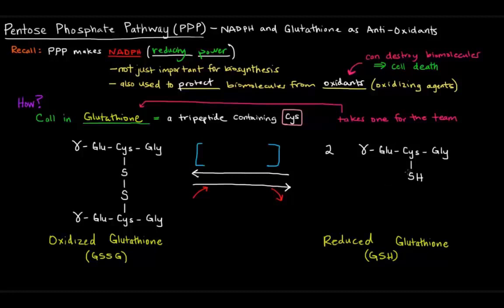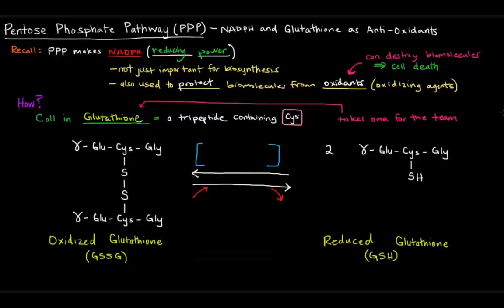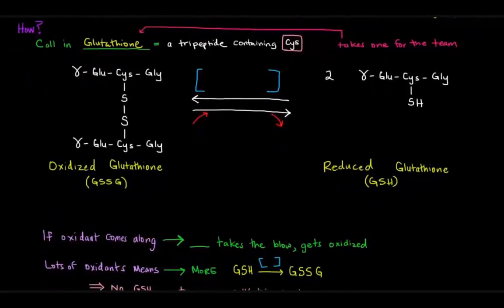So reduced glutathione will get oxidized and turn into oxidized glutathione. That'll keep happening to protect us from oxidants. So if an oxidant comes along, then the GSH, the reduced glutathione, will take the blow and it'll get oxidized and become oxidized glutathione.